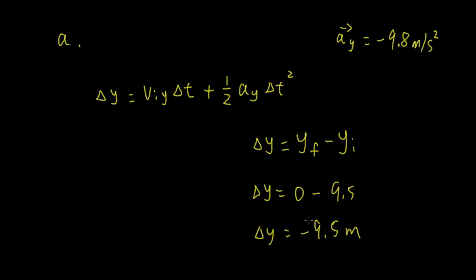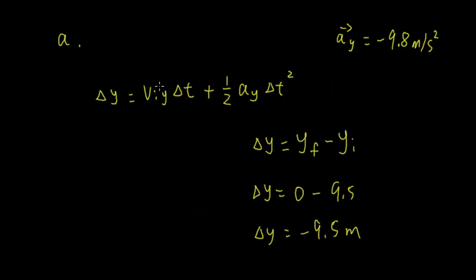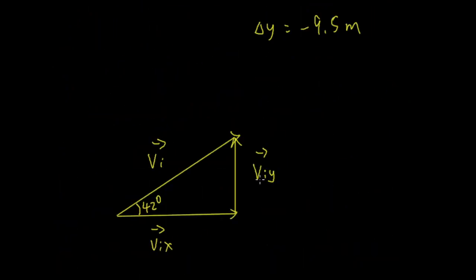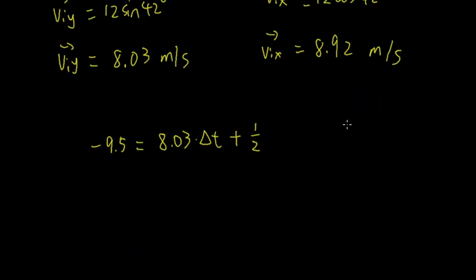Now delta y is negative 9.5 meters. So negative 9.5 is equal to, now v initial y is this, 8.03 times delta t plus 1/2 times acceleration in the y direction, which is negative 9.8 meters per second squared, times delta t squared.